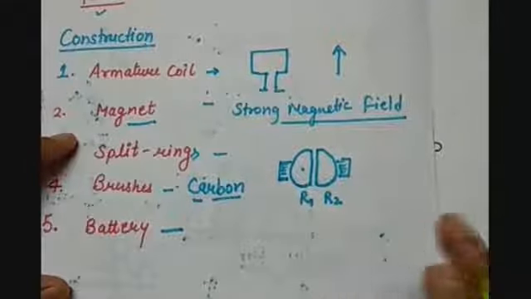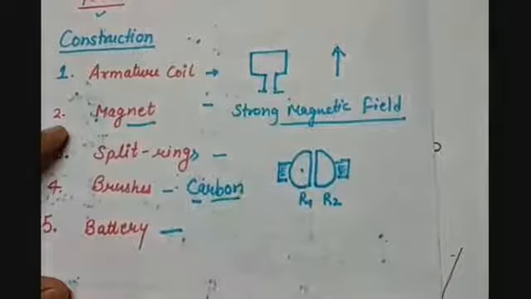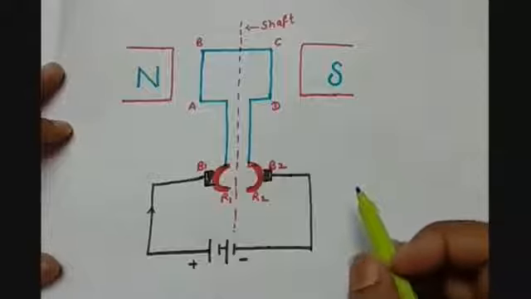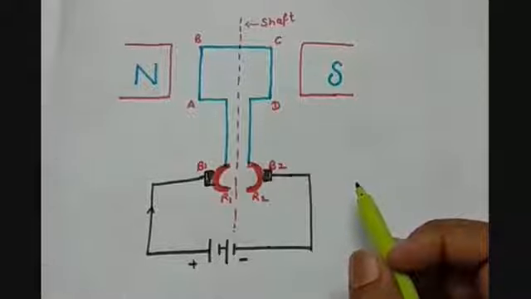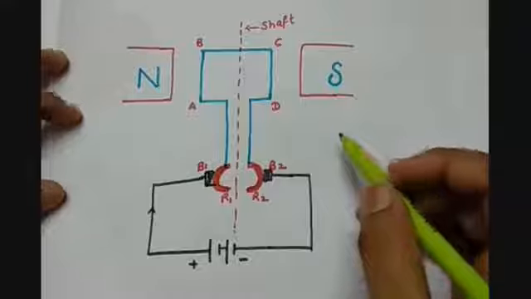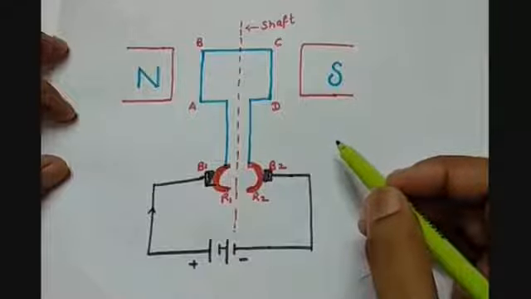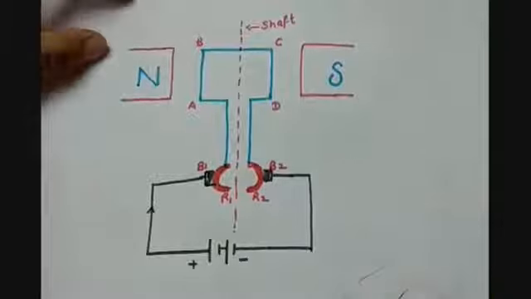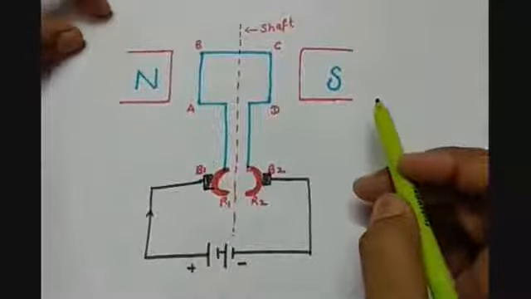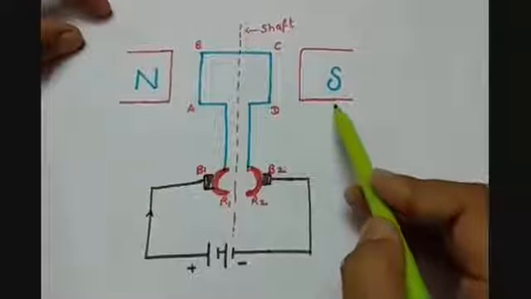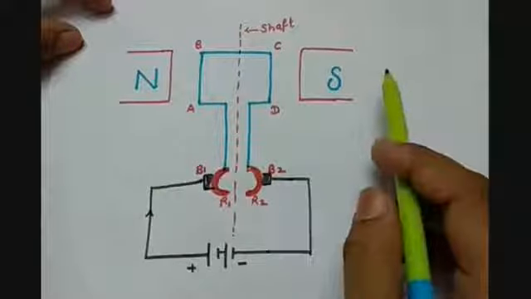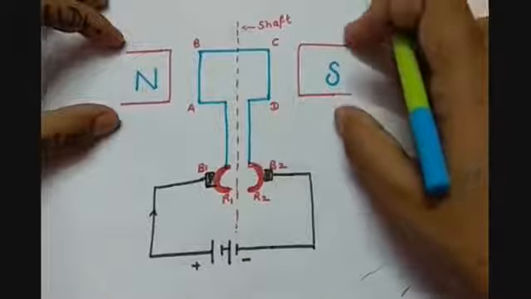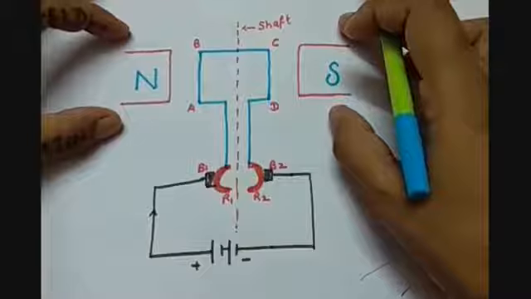Now let us see how it is constructed using all these parts. By arranging the various parts explained just now, we get the construction of the electric motor. Here you can see the north and south poles, taken to produce the magnetic field.